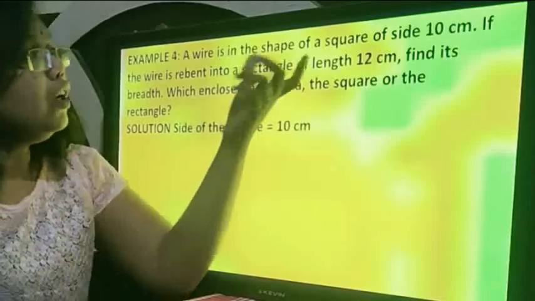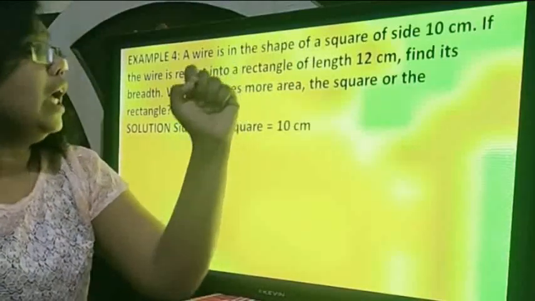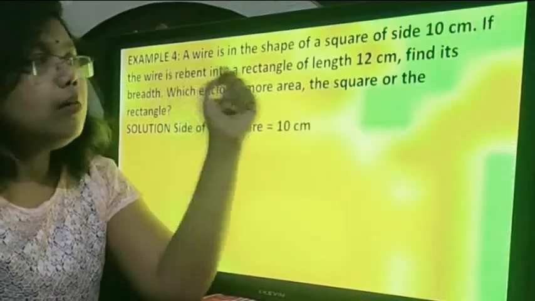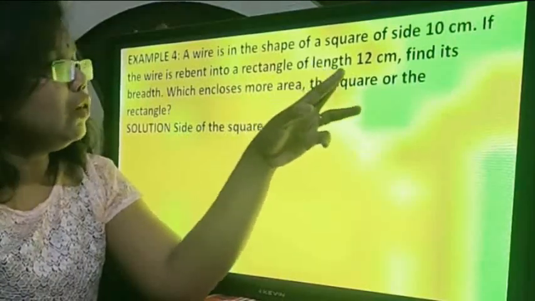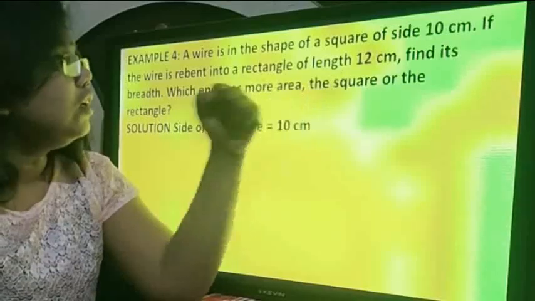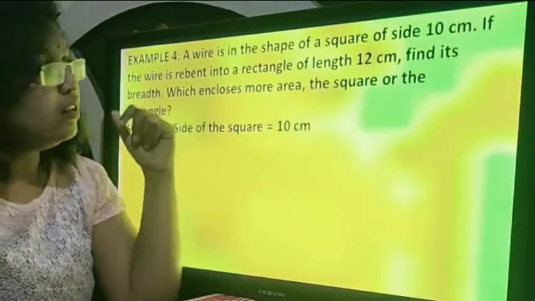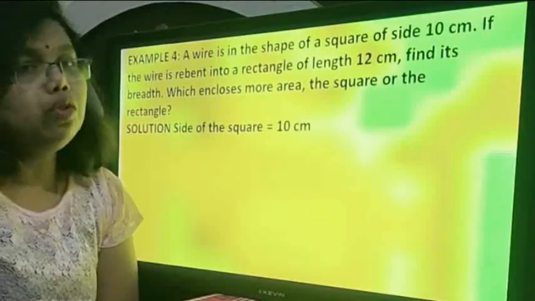The first step would be to find the area of the square, and then the area of the rectangle. But remember, here we have only the length, we don't have the breadth of the rectangle. So we have to find its breadth first and then find the area of both.